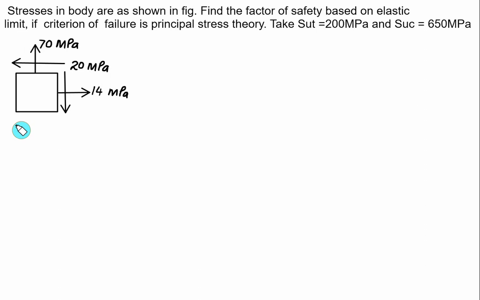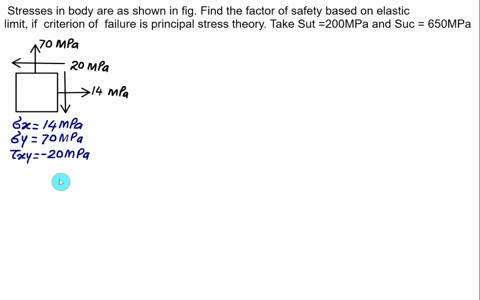So the stress acting along the x direction is tensile, a positive value, 14 megapascal. Stress acting along the y direction is also tensile, so we'll take it as a positive value, equal to 70 megapascal. And the shear stress tau xy on the right face is in the downward direction, so we'll take it as negative, minus 20 megapascal.